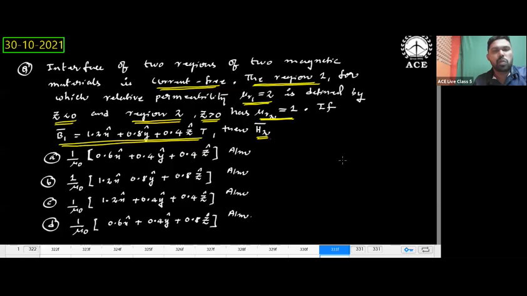Let me turn the page here. Let us draw some diagram. Here, obviously, for z less than 0, it is region 1. For z greater than 0, it is region 2. Obviously, z is equal to 0 will be the media interface. So let me draw the coordinate system here properly.